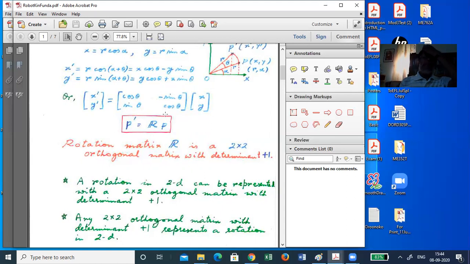And that makes sense, because for a 2 by 2 orthogonal matrix, if you put 4 elements, A, B, C, D, symbolically, that gives you 3 conditions among A, B, C, D: A square plus B square equal to 1, C square plus D square equal to 1, and AC plus BD equal to 0.